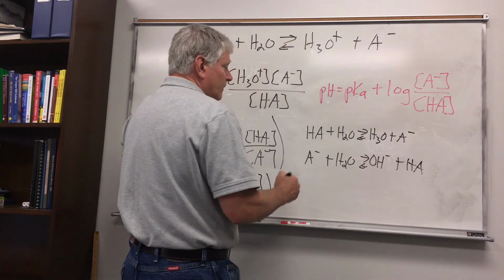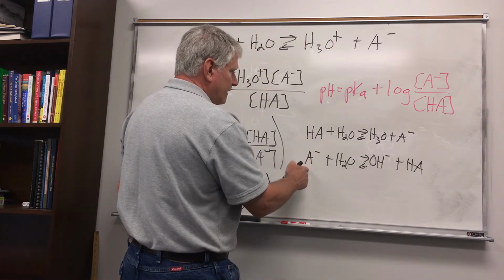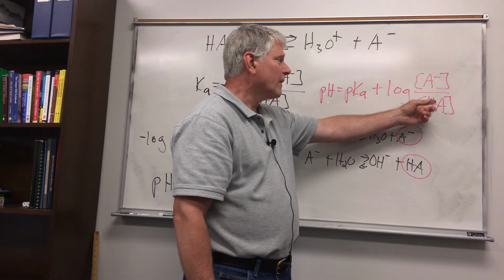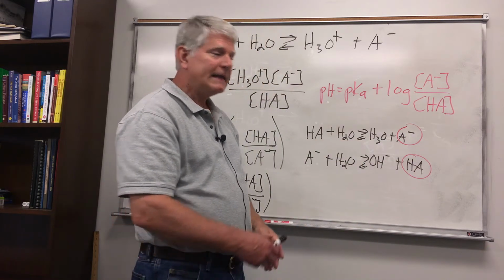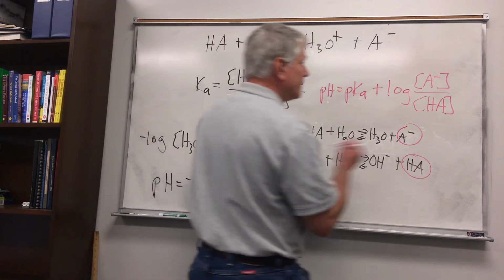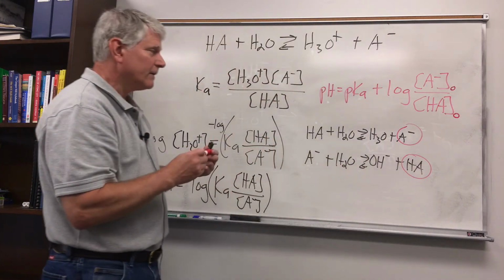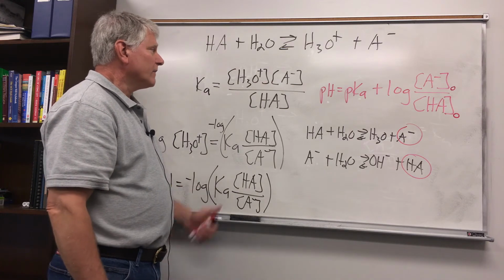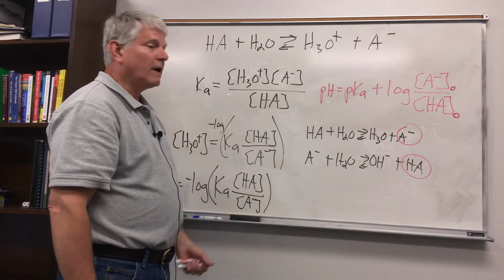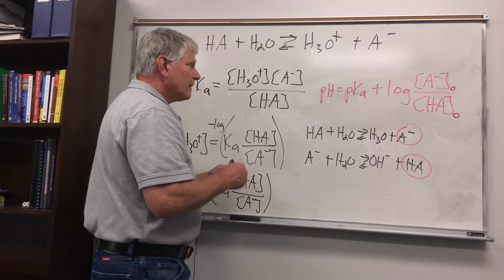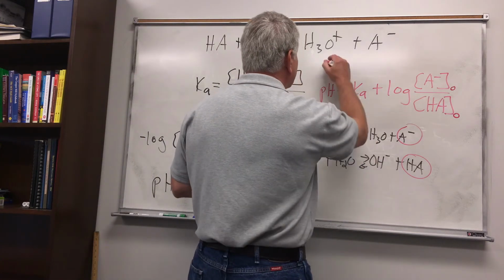So we have the reaction of the acid and its conjugate base. We can approximate the equilibrium concentrations with the initial concentrations. So I can write initial concentrations here and not have to solve for the equilibrium concentrations. So this way, for a buffer solution, I can use the initial concentrations.